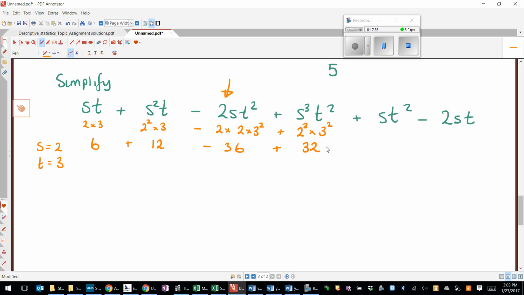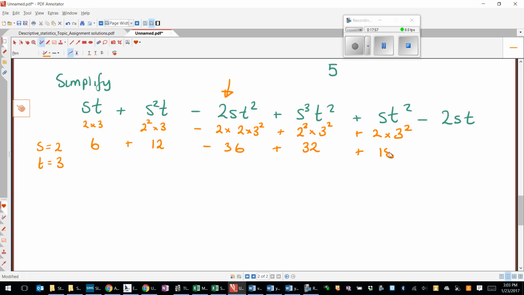Then it's plus 2 times 3 squared, which is 2 times 9, which is 18.